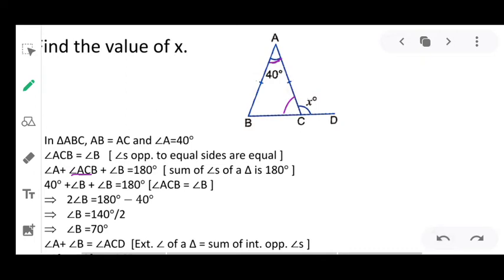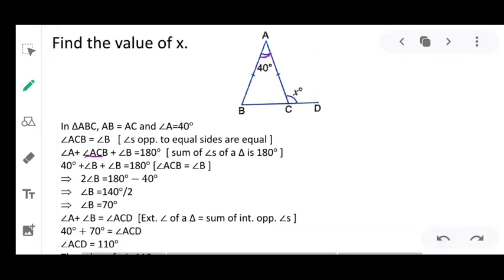Okay, so angle A is 40 degrees. Then angle ACB equals angle B, so write angle B instead of angle ACB.